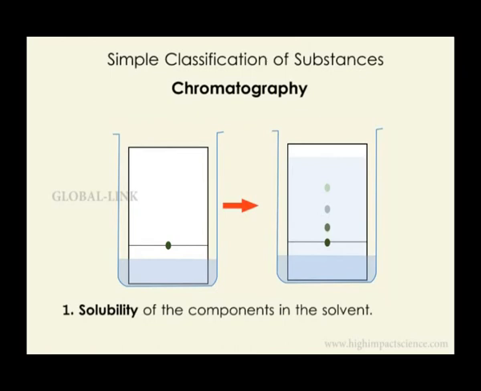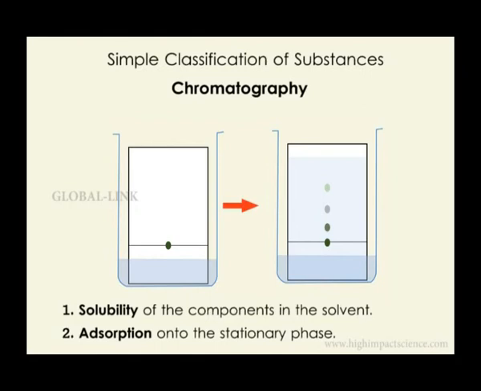In this case, our sample is a mixture of 3 substances and each is carried over a certain height up the filter paper. The one that moves the farthest is the most soluble. And secondly, adsorption, or how strongly the substance is attracted to the filter paper. The stronger the adsorption, the slower it moves.